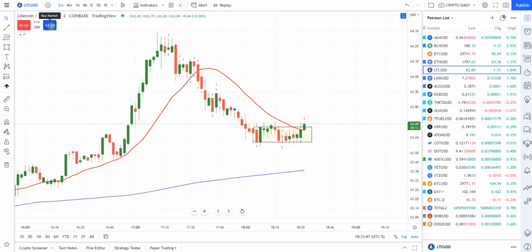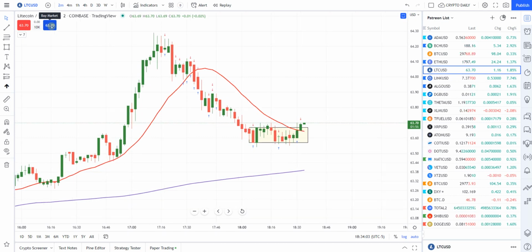About 14 seconds. Now remember, this is Litecoin, it's just as volatile as Bitcoin. About a second. Okay, interesting.